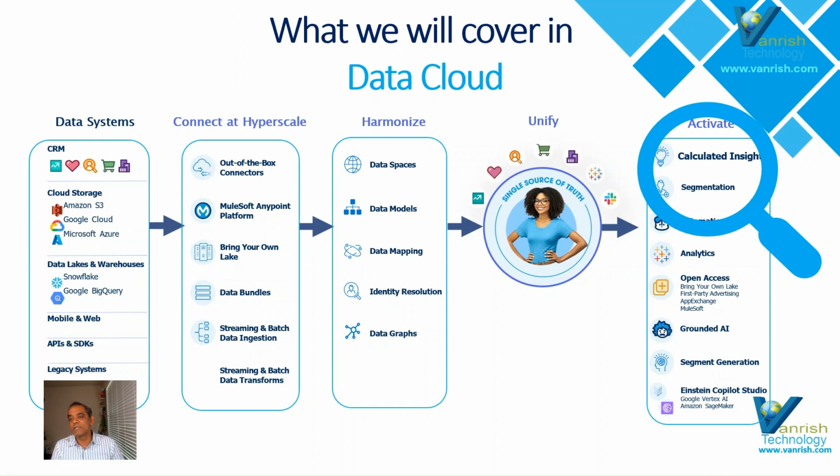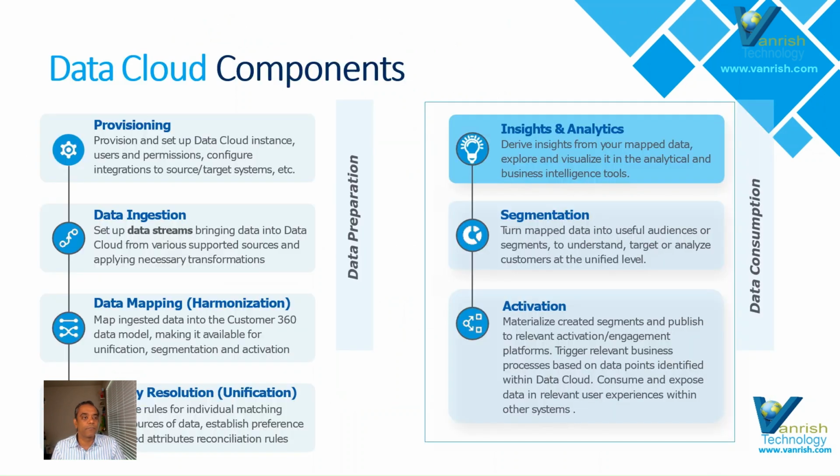So calculated insight is basically, if you look at this list, I already covered provisioning, data ingestion, data mapping, resolution, and unification. Now insight is basically deriving insight from your mapped data, providing a single secured view of your data, and giving the executive a fast and efficient way to reach a decision point.